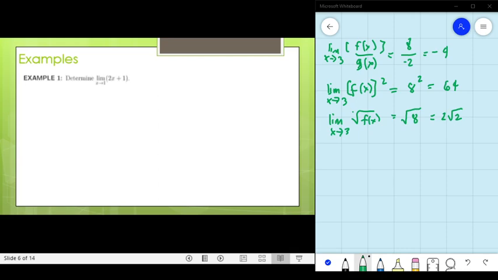Okay, let us try to apply the theorems we learned in evaluating example number 1.